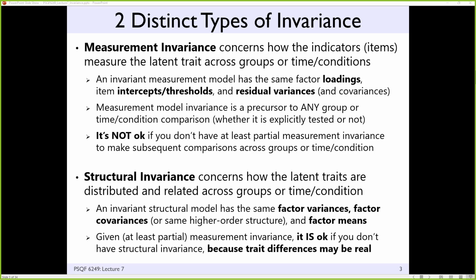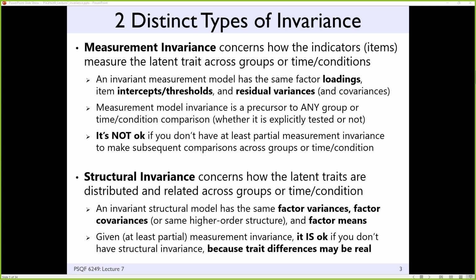So you might make a decision, like if an item is less discriminating in one group than another, to just let it be that way, let the loading stay different. You'd have to make an argument theoretically as to why that's cool. Whereas if you're not okay with it acting differently at all, you might not give that item anymore.